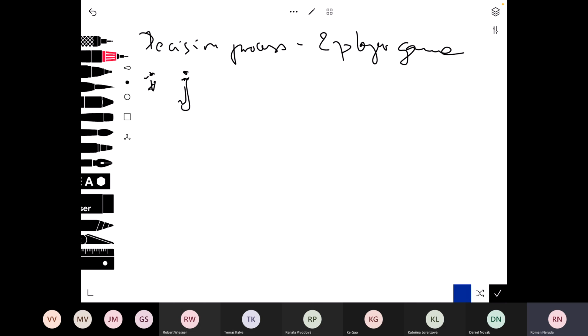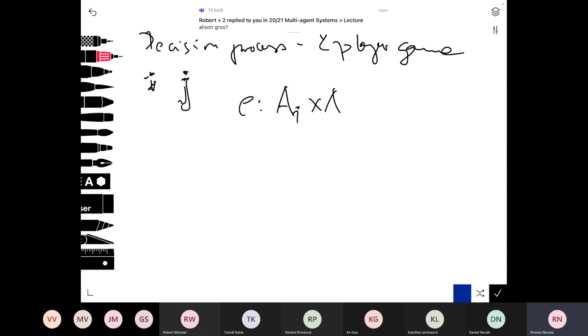The idea is that we have an environment where the agents have actions. So we have the action of agent A and the action of agent B, Alice and Bob. It's not Alice and Gross, it's Alice and Bob.